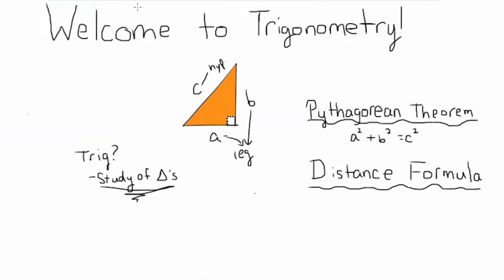So here we have a coordinate grid, right? And let's say this is our line y equals x, and you would like to find the distance between the origin 0, 0 and 3, 3. So you'd like to find this distance right here.